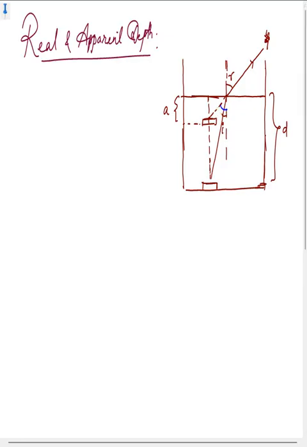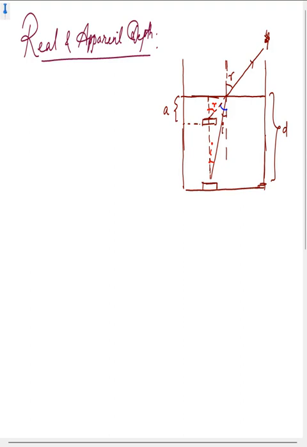So now, if that is equal to R, then this angle would be equal to R as well, because they are interior alternate angles. And if this angle is equal to I, this angle must be equal to I as well. So you have I and R having a common base.